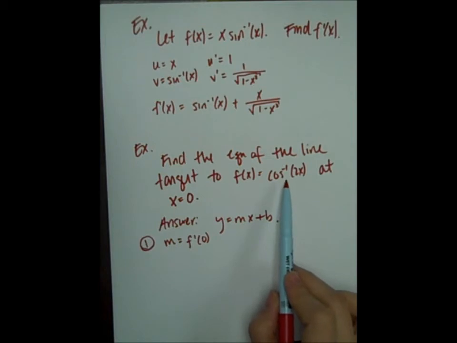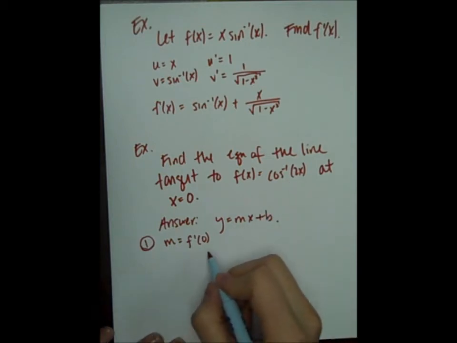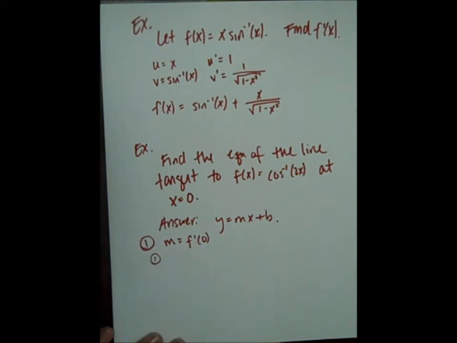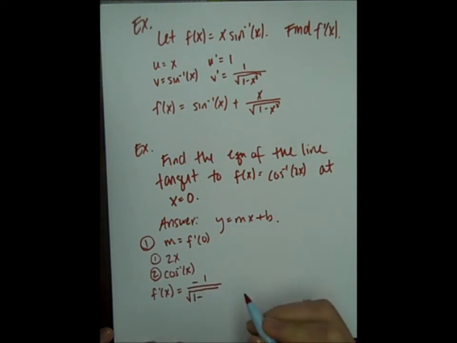So this is cosine inverse of 2x. So this is a chain. So I'm going to write down the most inside. So what would I do first if I was plugging in a number? That would be 2x. Then I would do the inverse cosine. So what's my derivative going to be? We'll start at the bottom. What's the derivative of cosine inverse? That was negative 1 over the square root of 1 minus x squared.